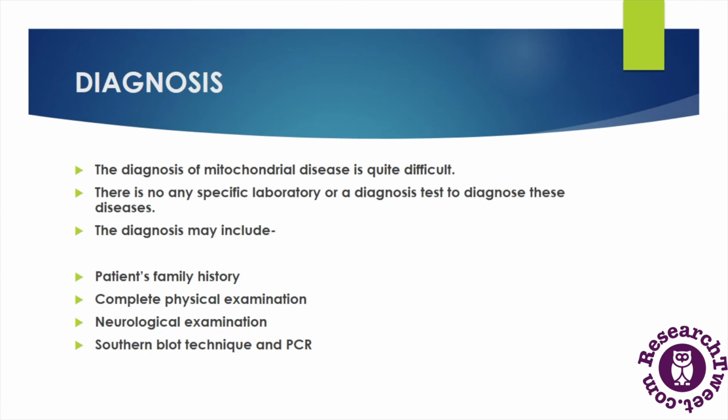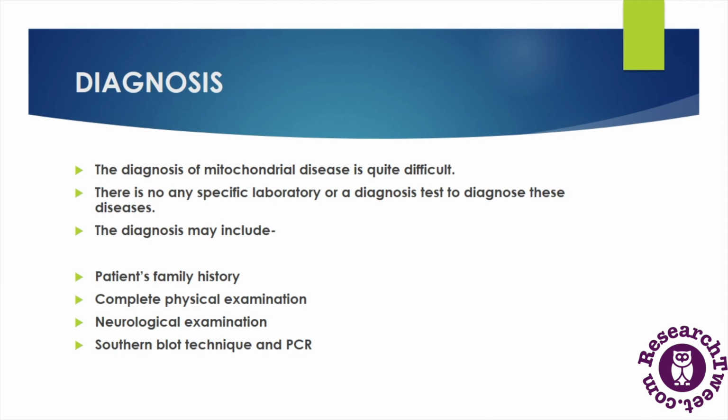Now let's understand the process of diagnosis for mitochondrial diseases. Basically, the diagnosis of mitochondrial disease is quite difficult, and there is no specific laboratory or diagnostic test which can diagnose these diseases specifically or properly. But the diagnosis may include the patient's family history so that assumptions can be made about any chances of mitochondrial disorders.